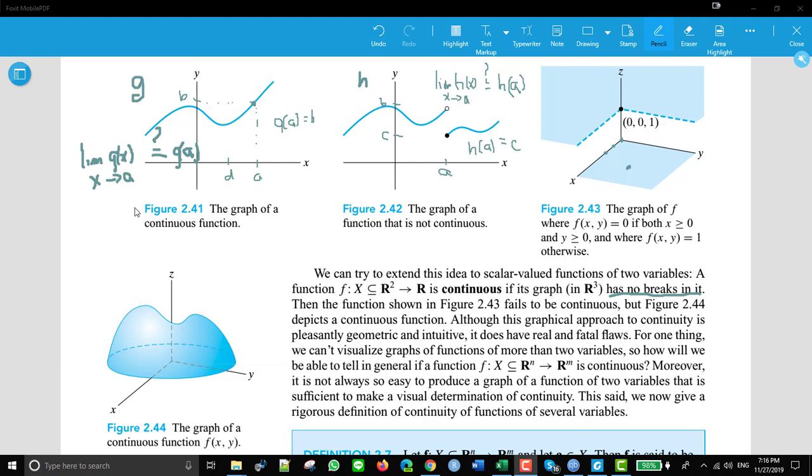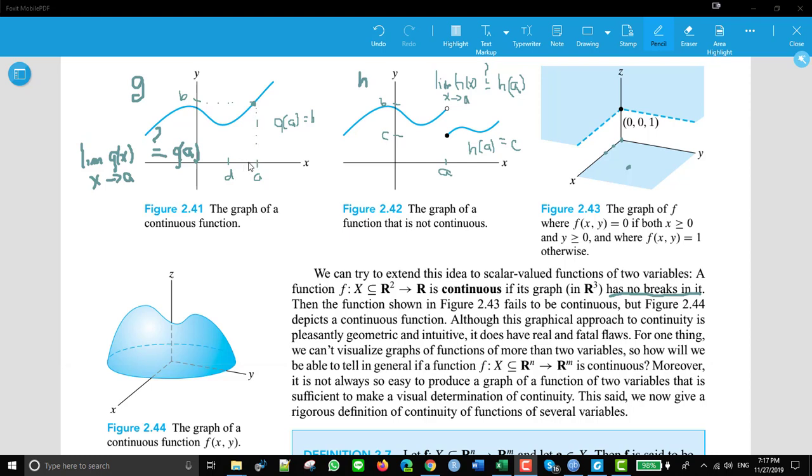Okay, now let's think about the limit as x approaches a of g of x. So as we get closer and closer to a here and closer and closer to a here, what would we guess would be the height of g at a? Well, the pattern is that as we get closer and closer to a from the right-hand side, the height is getting closer and closer to b.